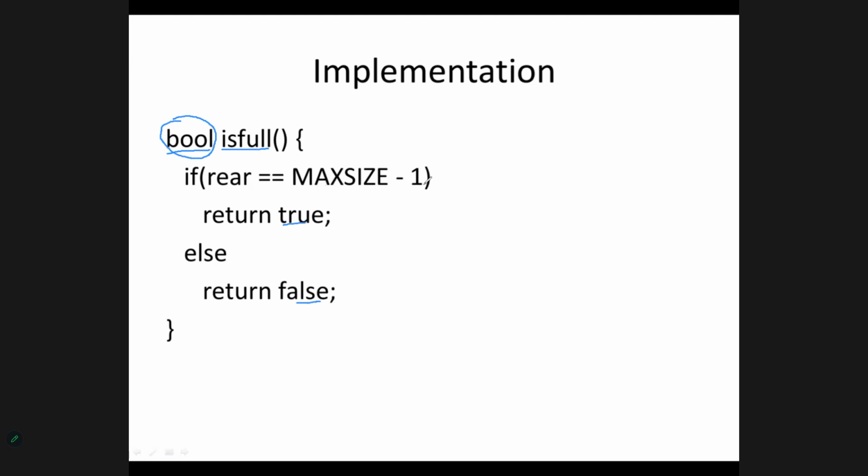If rear is equal to max size minus 1, then return true, else return false. So this is the C implementation. Very easy. Just checking whether rear reaches max size minus 1, then return true, else return false.